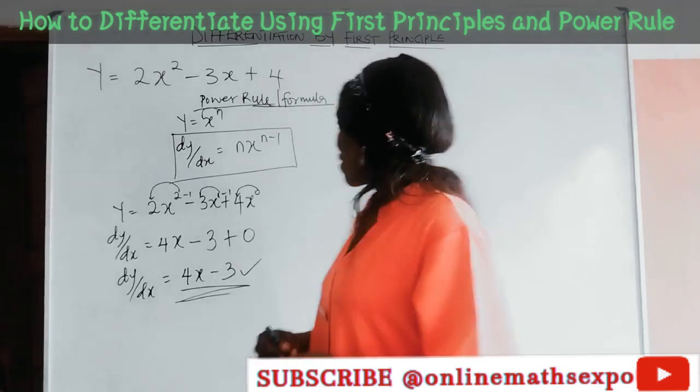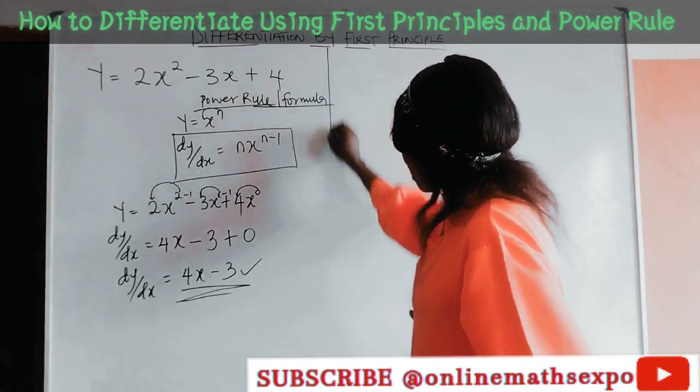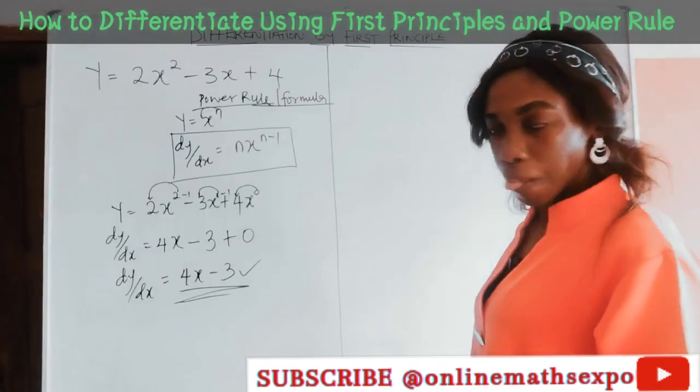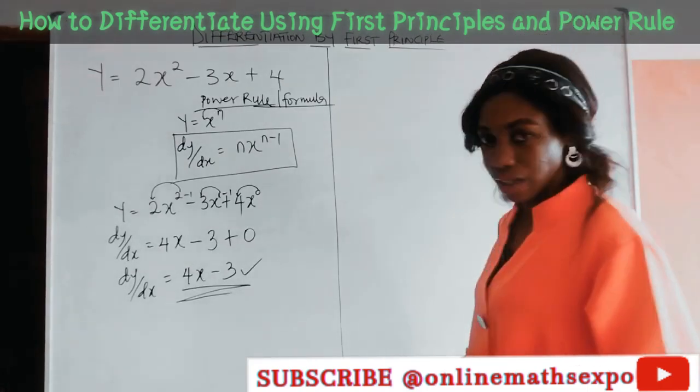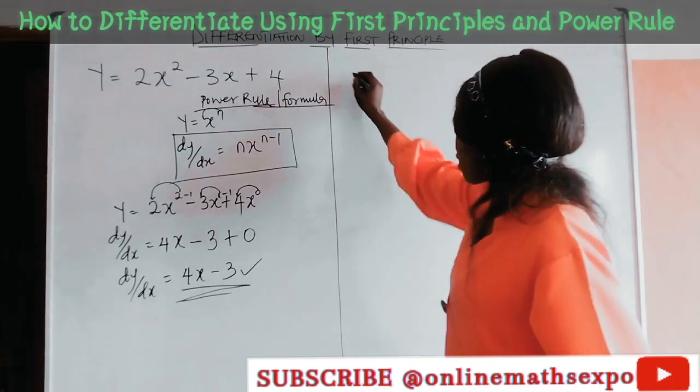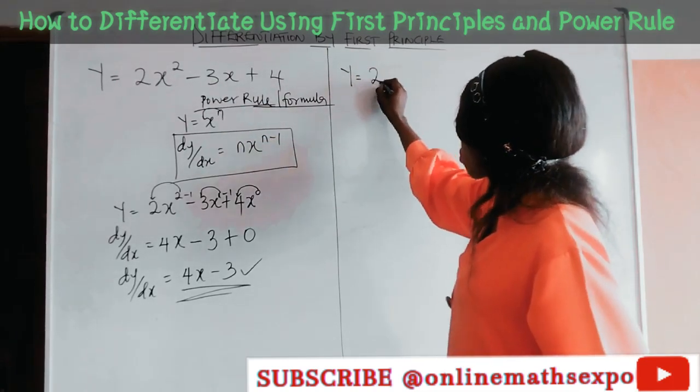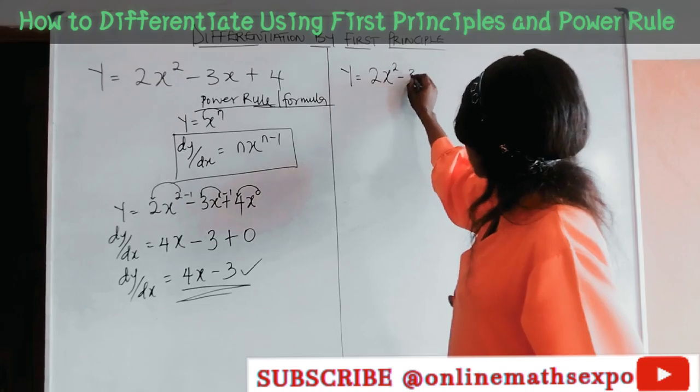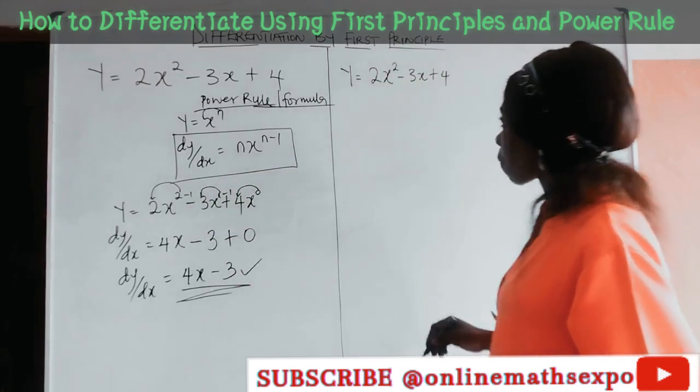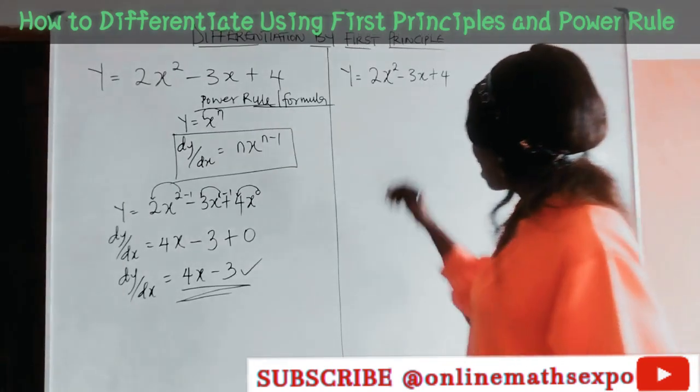It's very simple. So we're going to do it also using the first principle. Now what happens using the first principle? This is what we are given: y is equal to 2x squared minus 3x plus 4. Our guide.